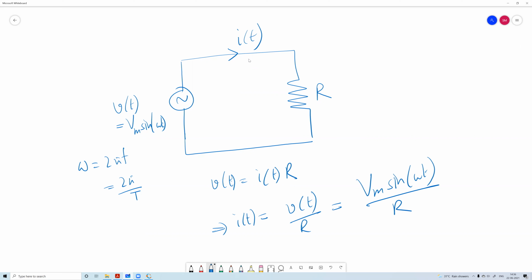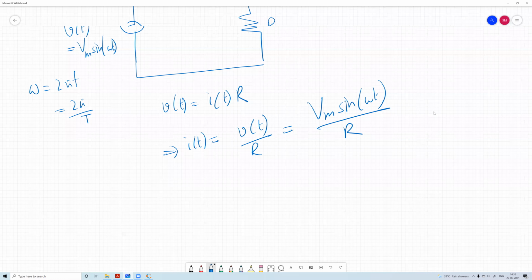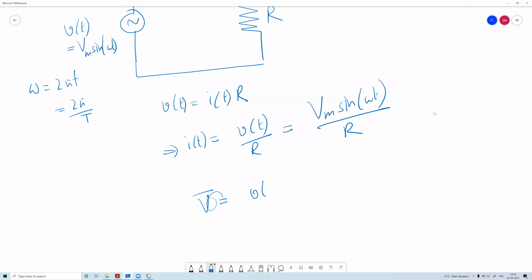Okay. In phasor form, how will it look? V phasor: v(t) would be the real part of root 2 V phasor e to the power of j omega t. So this would become Vm by root 2 e to the power of j0.